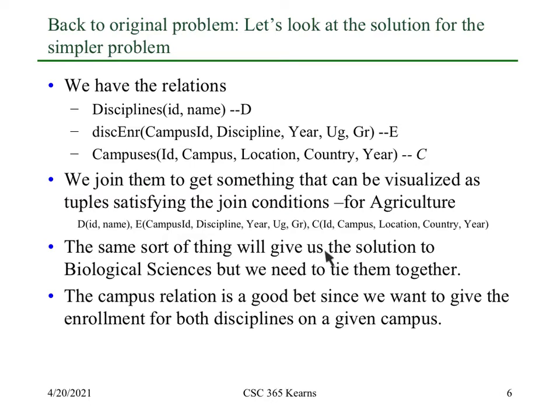We do the same sort of thing with the biological sciences, but we need to tie them together. So how are we going to tie them together? Well, one good bet, because we want one campus per line, is we're going to use this campus relation to tie the two things together.